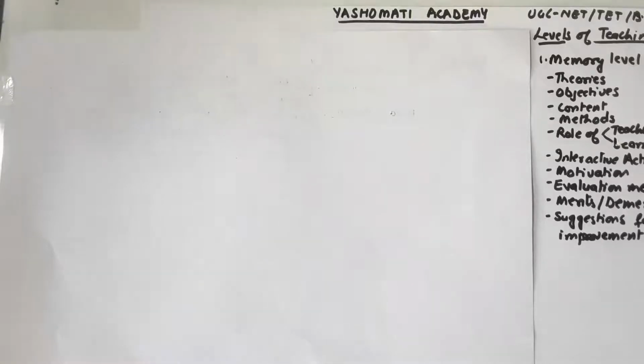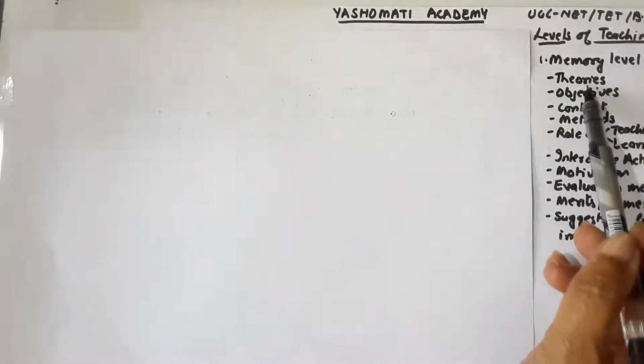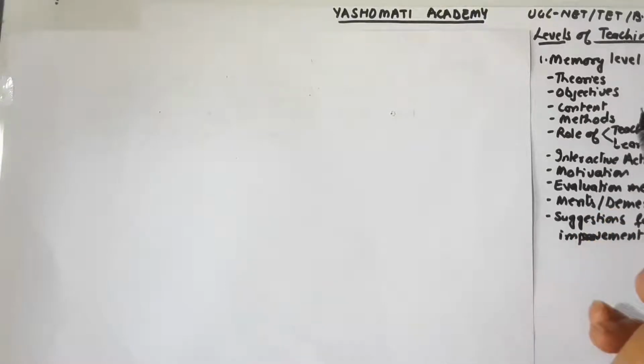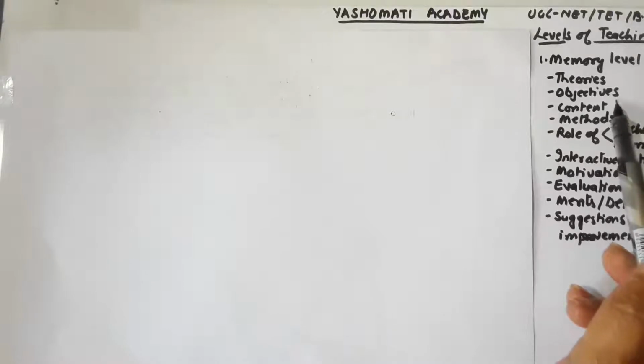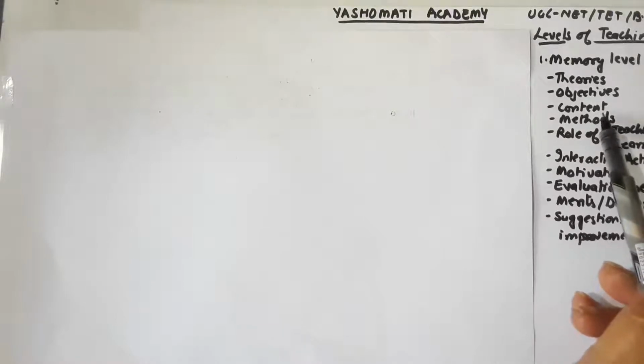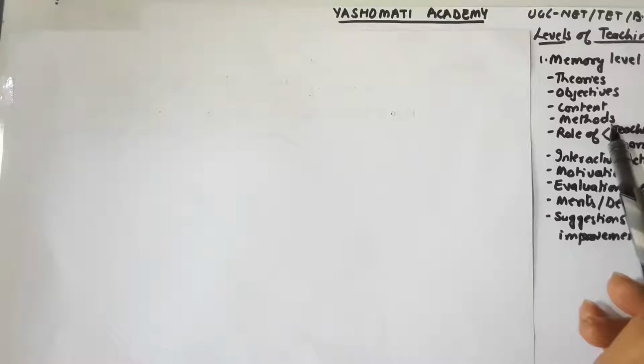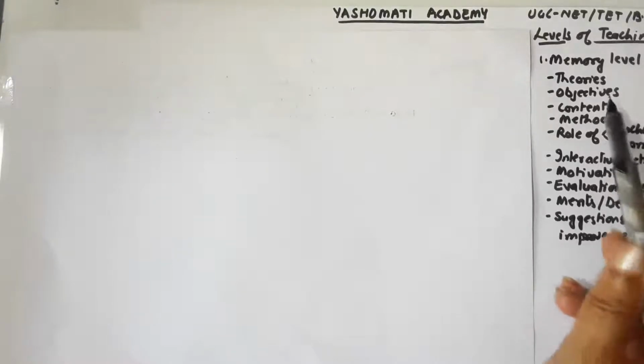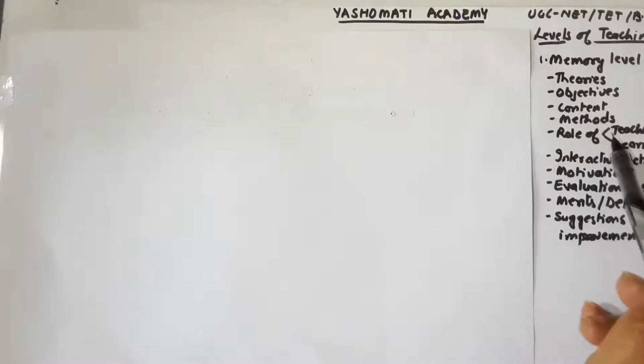So first of all, we will talk about different theories which form the basis of memory level teaching. In the later part of the lesson, we will also study what can be the objectives, what kind of content is selected, what methods of teaching are used, and what is the role of teacher and learner at this level of teaching.